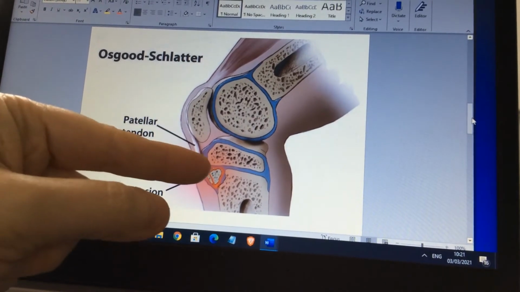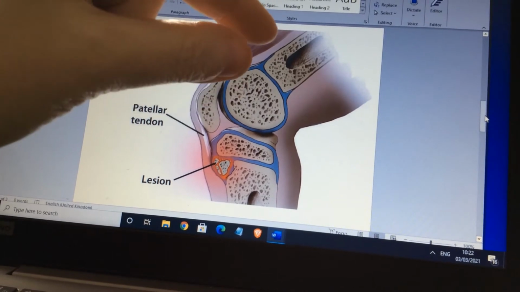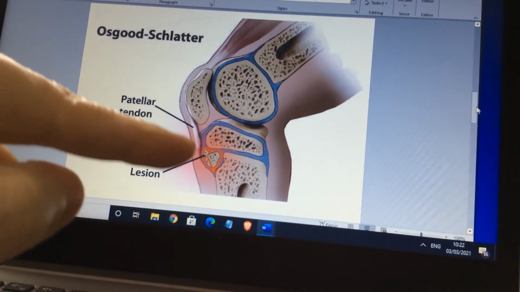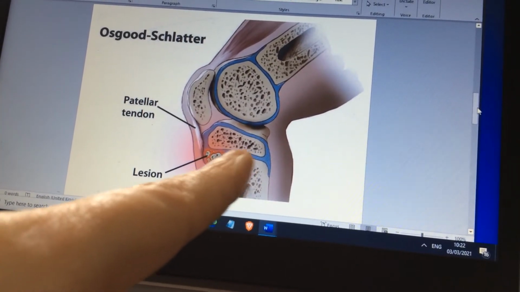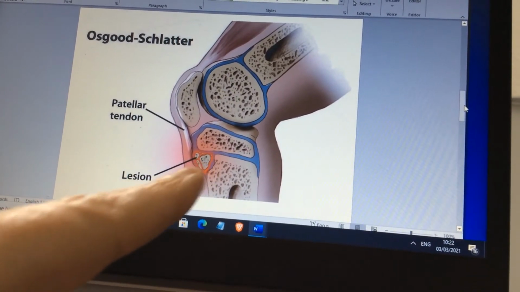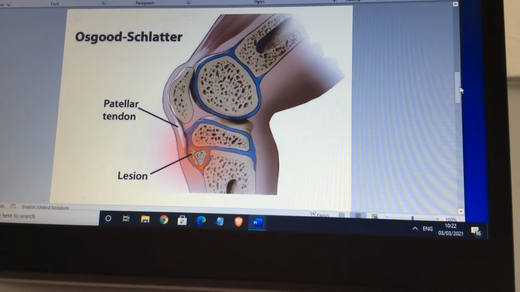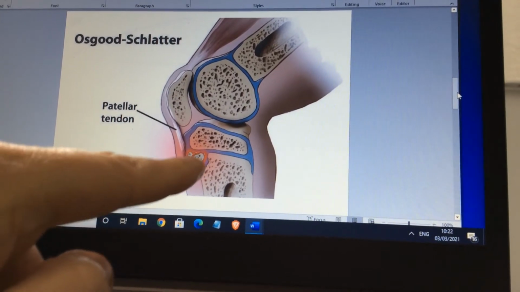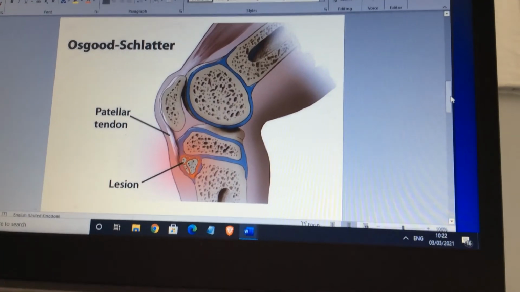If the muscle shortens, it pulls this tendon up, and that is then going to pull on the growth plate here at the top of the tibia, or the shin bone. And so due to that pull, you're going to see inflammation around that growth plate.